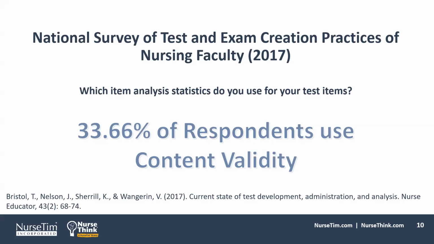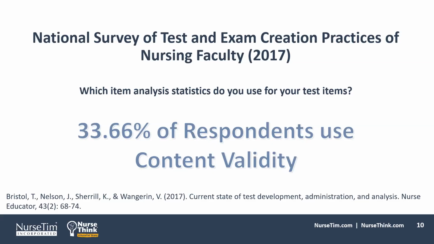So for example, one piece of information from the survey looked at the process of content validity, and the survey showed that less than 34% of the respondents used any type of content validity when evaluating their exams. Maybe they didn't understand what content validity was, or maybe many of them don't have a process for that.